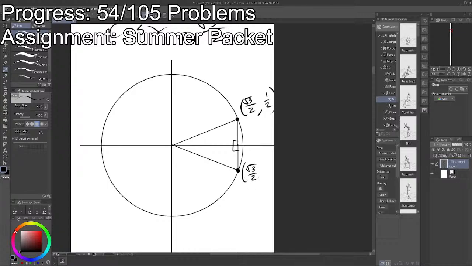Square root of 3 over 2, negative half. It's a 30, 60, 90. Okay. It's also a 30. Okay.